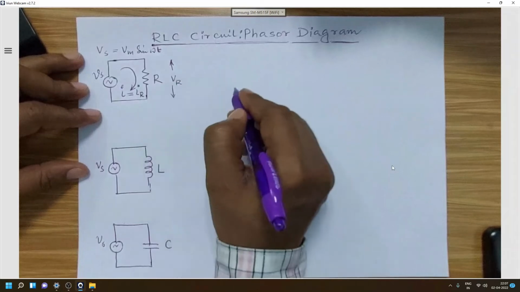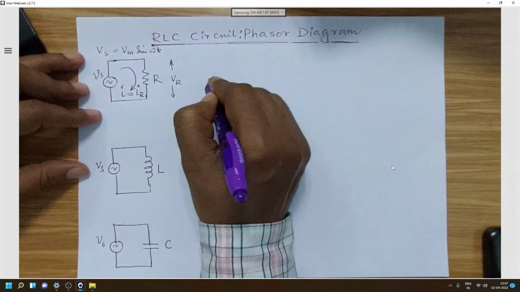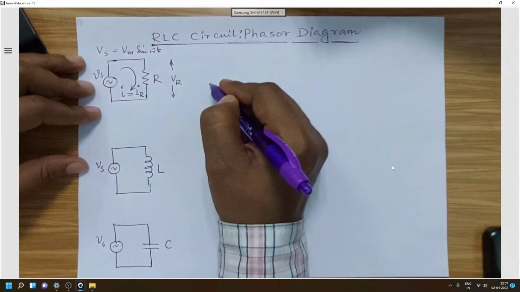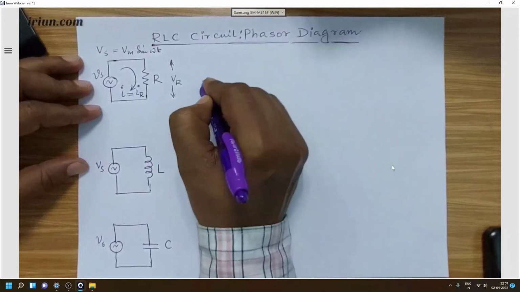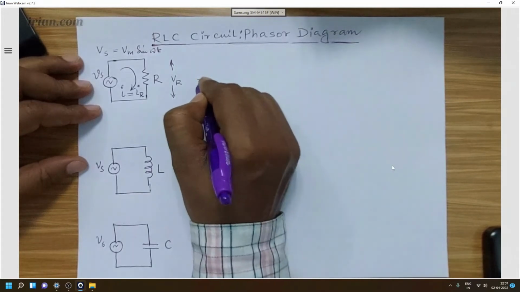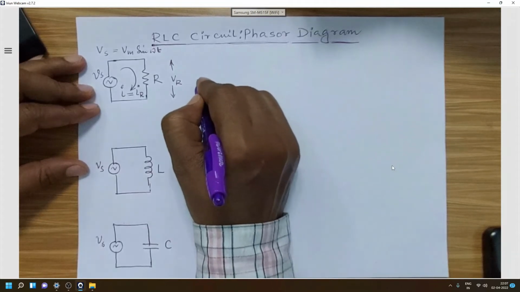And now we have to draw the phasor diagram for this pure resistive circuit. Now, as a rule or the convention, we will start with fixing the reference. So we have to fix a reference phasor.